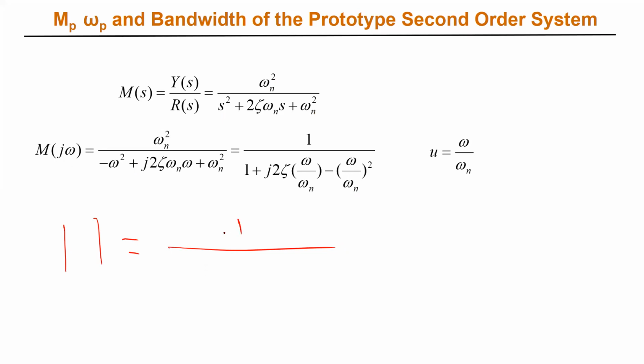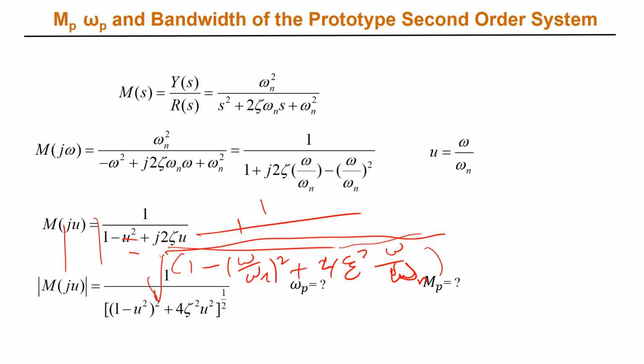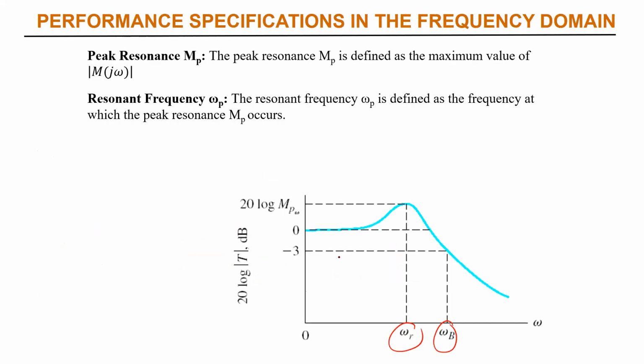The magnitude is going to be 1 over the square root of (1 minus (omega over omega n) squared) squared plus 4 zeta squared (omega over omega n) squared. And this is under the square root. If you sketch it, it will be in this shape.